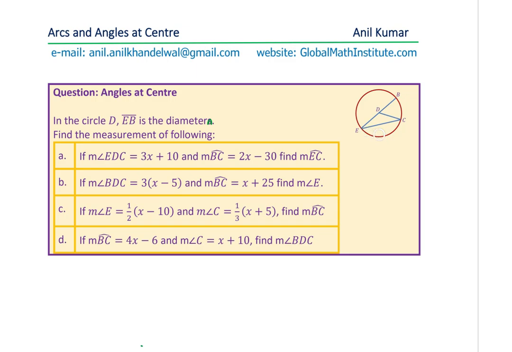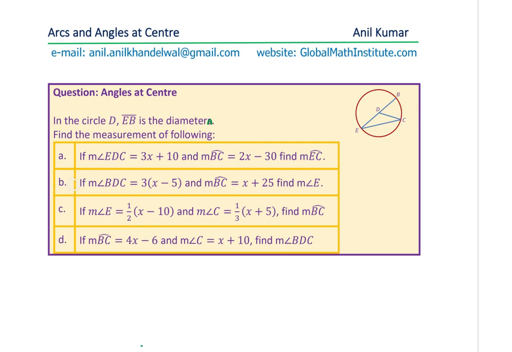That's the whole idea. So this time we are going to connect the central angle, the angles on the circumference, which is subtended by the arcs, and the arcs themselves.